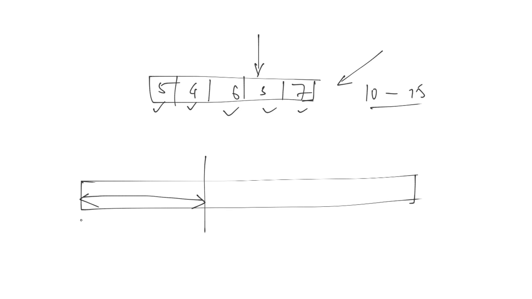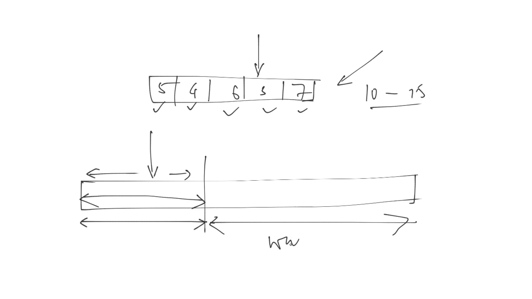This space is going to accommodate the ages of 25 or 28 different students. So only this much amount of space is going to be used, and the rest of the space will be wasted.